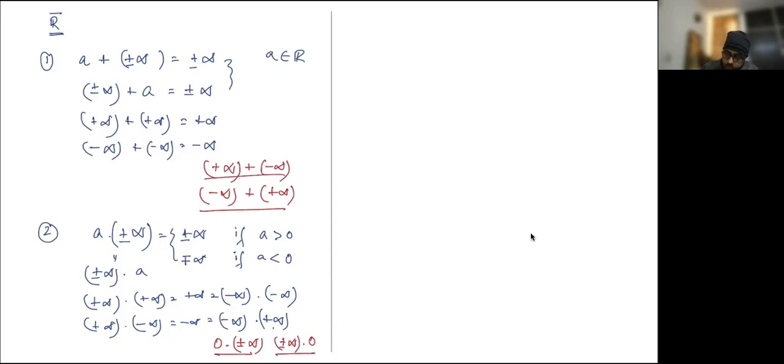And division, which basically comes from multiplication, but there also on the extended reals, one has to be careful.